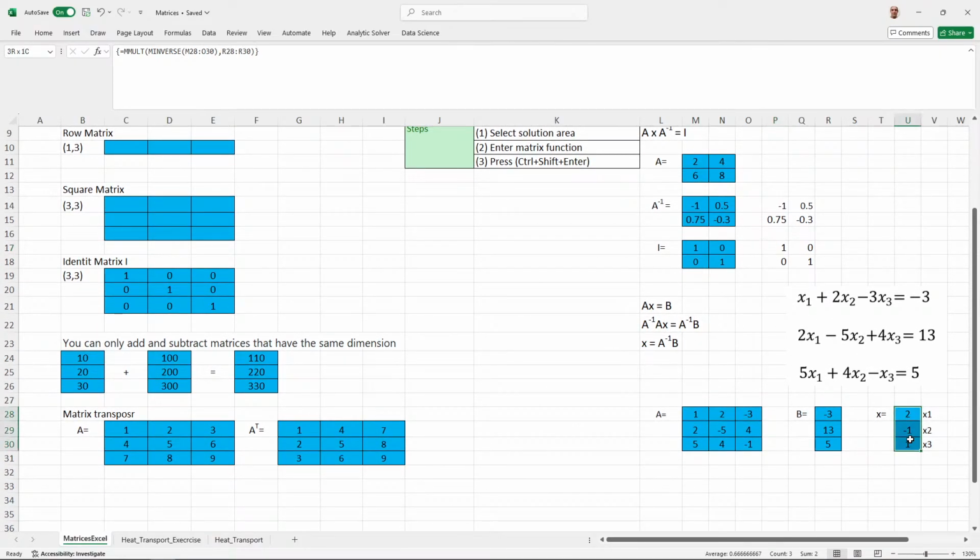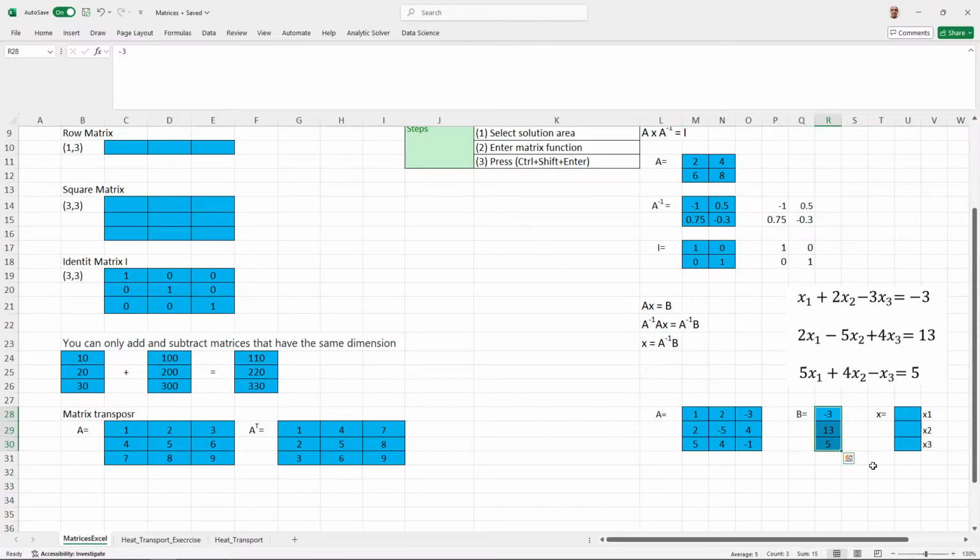Let me do this one also. I want to find x. This is my equations. From these equations, I created this matrix because these are the coefficients. And here, this is my right-hand side. Now I want to find x. What is x? X is the inverse of this matrix times this vector.